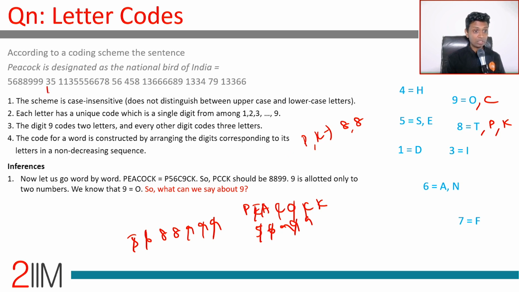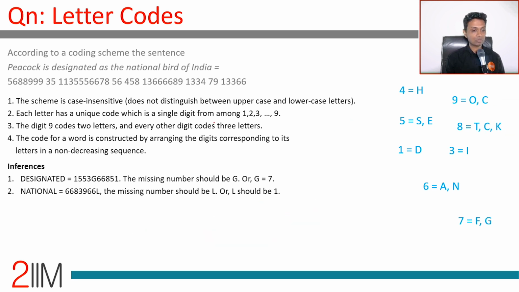PEACOCK matches with this. Now let's think about DESIGNATED. Let's go word by word. We know D is 1, E is 5, S is 5, I is 3, G we don't know, N is 6, A is 6, T is 8, E is 5, D is 1.